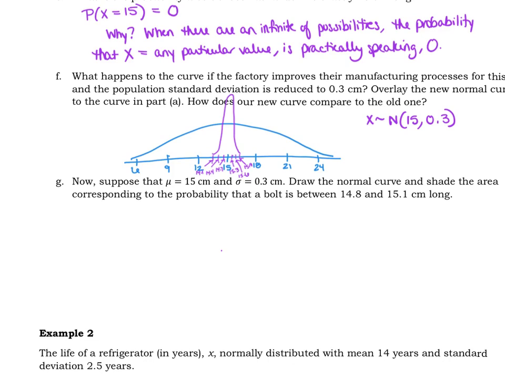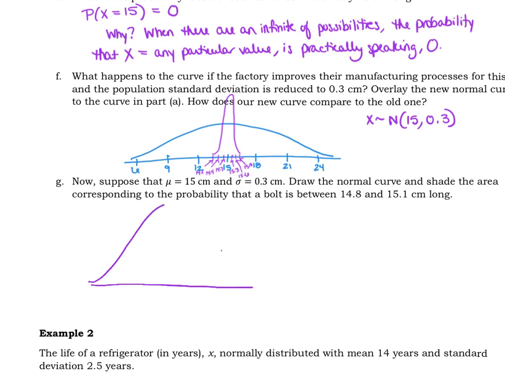All right. Okay, for part G. Now suppose that the mean is 15 and the standard deviation is 0.3 of a centimeter. Draw the normal curve and shade the area corresponding to the probability that a bolt is between 14.8 and 15.1 centimeters long. So now what I'm going to do is take that same curve, the one in purple there, and draw that out a little longer so that we can see it better.